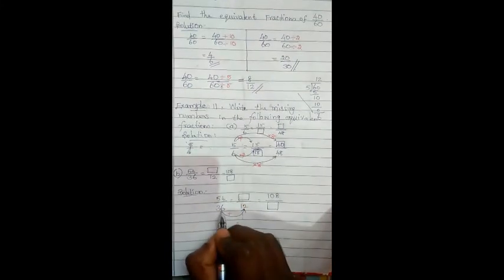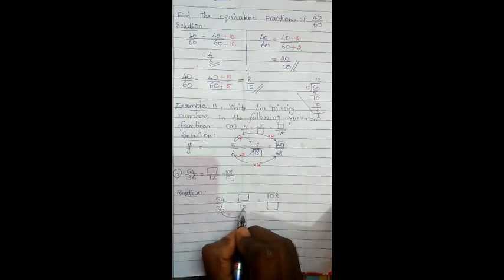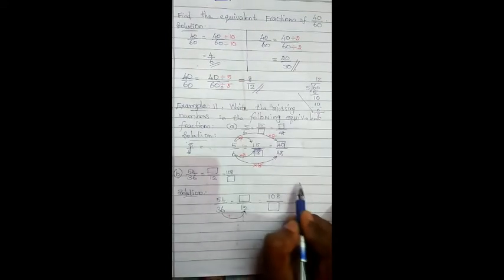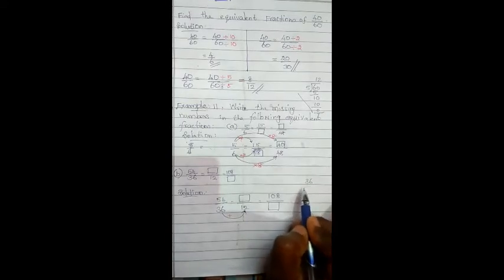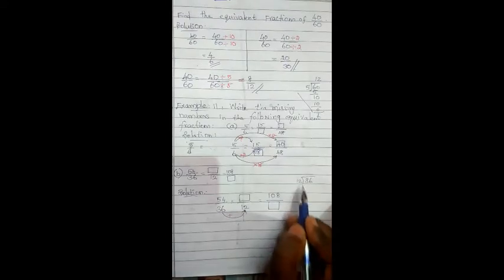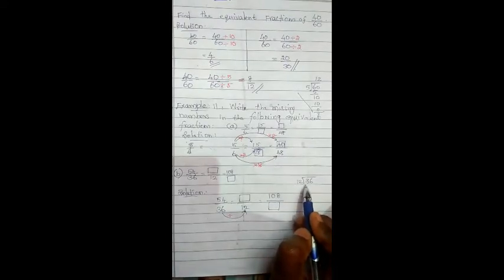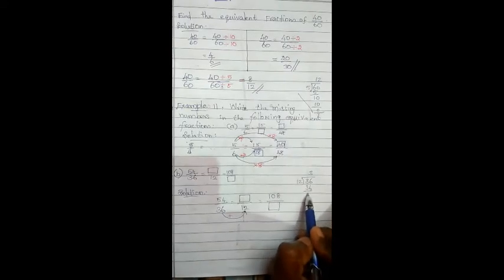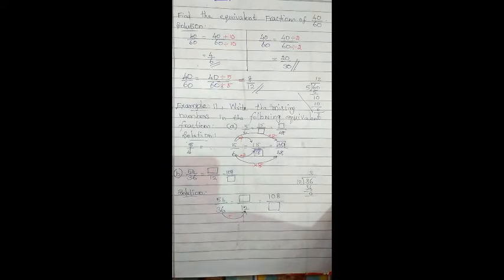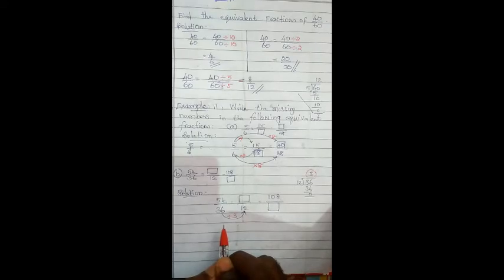We got 36, right? You divide by this 12. How many times is 12 in 36? 3 12s are 36. 0. So with this 3 we got 3. With this 3 we write here. This is a technique to find it.